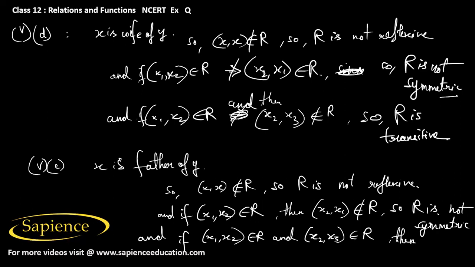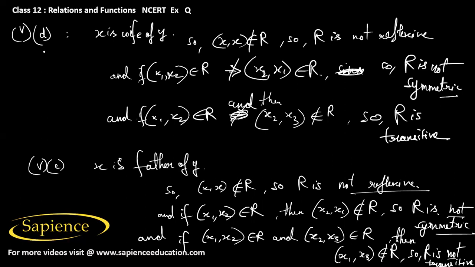So x1 is the grandfather of x3, not the father of x3. So x1 comma x3 does not belong to the relation R. So R is not transitive also. So here R is not reflexive, not symmetric, and not transitive.